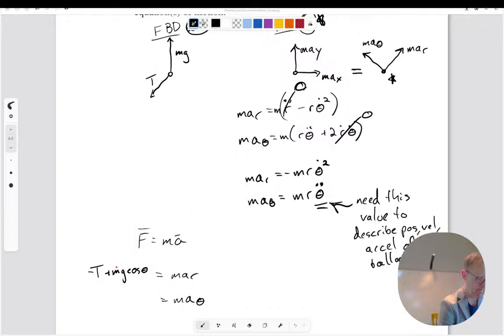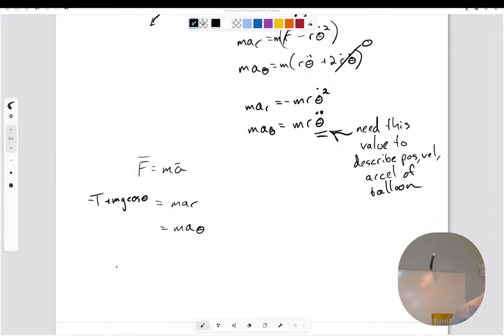Maybe? Let's try it. Negative mg sine theta. Again, it's not judging me. It's just a computer or a piece of paper. All right, now let's plug in our other values.